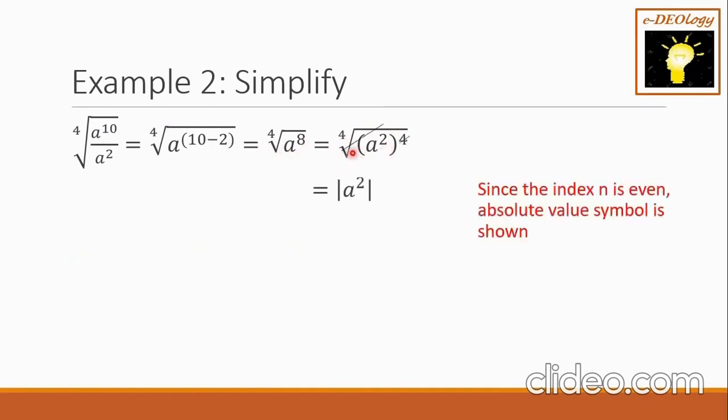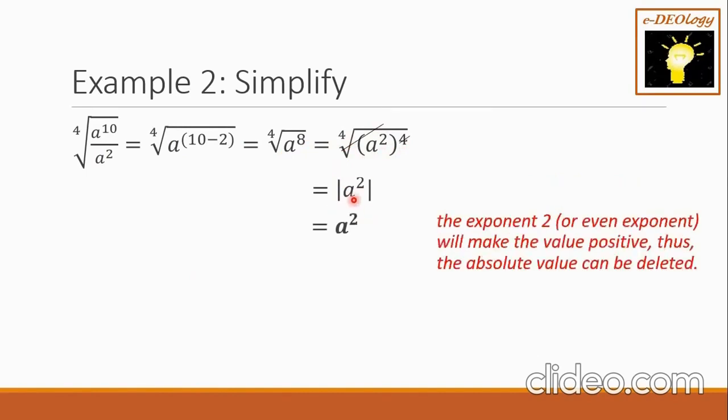So now we can cancel the radical with the index 4 along with the power 4. And the answer is a squared with the absolute value symbol. That exponent 2 will make the value always positive, so we can simply delete the absolute value symbol. So the final answer is a squared.